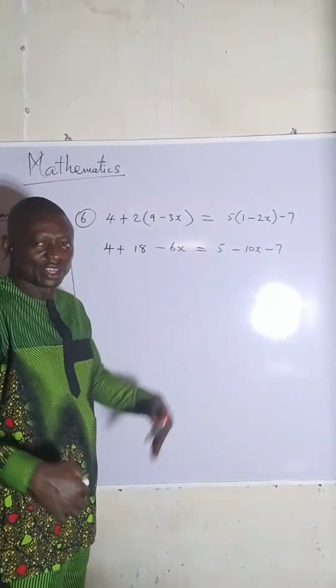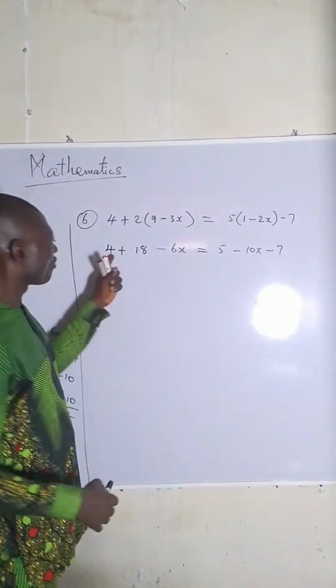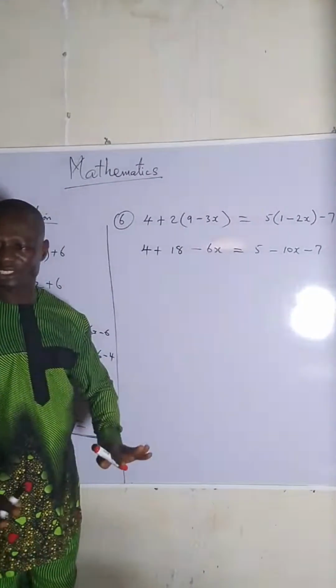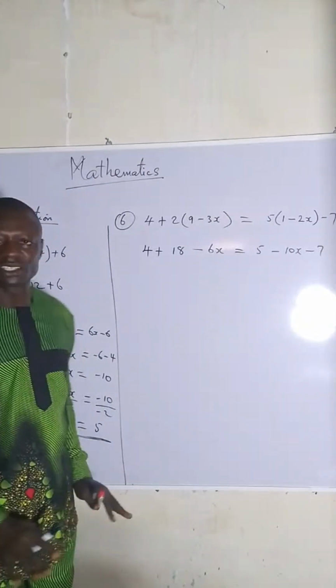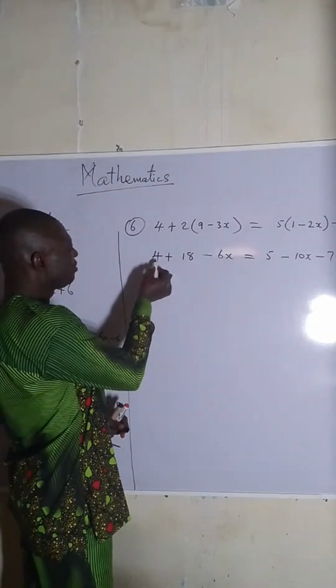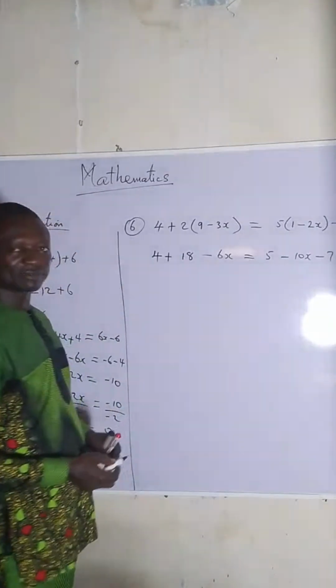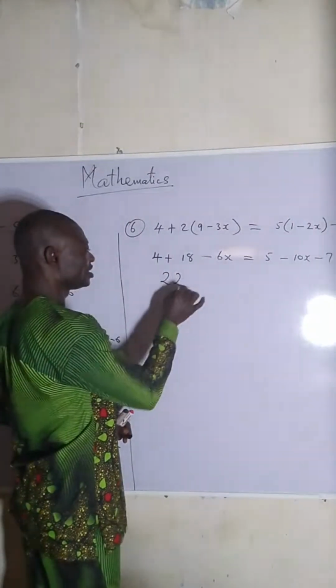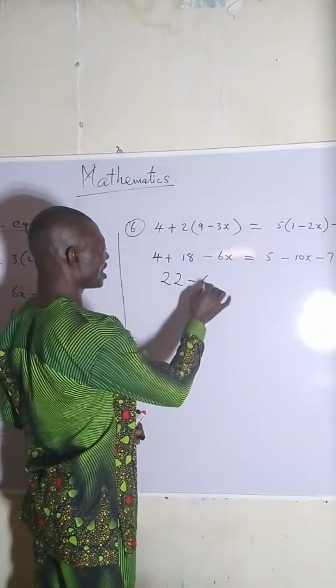So let us collect within. That does not mean that you cannot jump to the next level, but just to make sure that our students or learners understand. So we can easily say, okay, what will be 4 plus 18? I hope you know it's going to be 22. Yes. So this is 22 minus 6x.